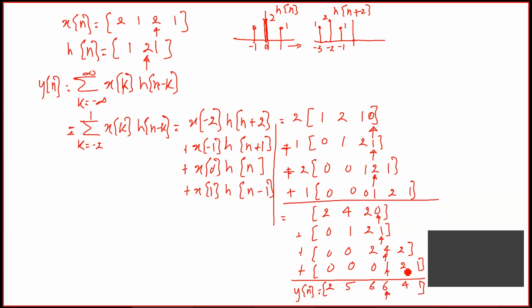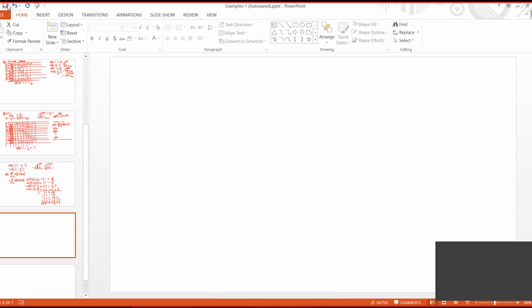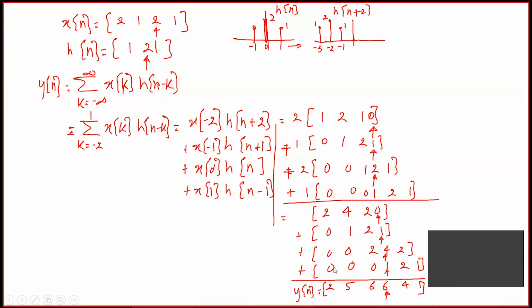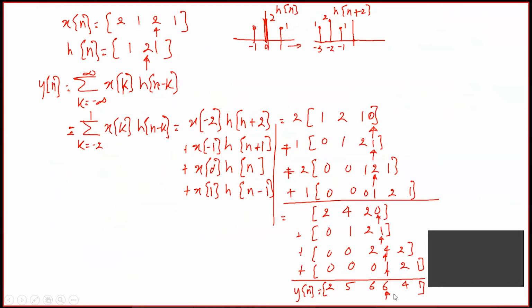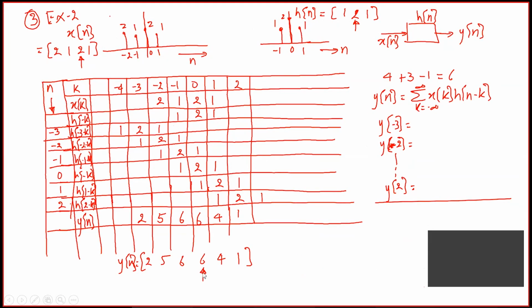And if you compare it with what we had done earlier, you will see that we had the same result earlier: 2, 5, 6, 6, 4, 1 with arrowhead on 6.